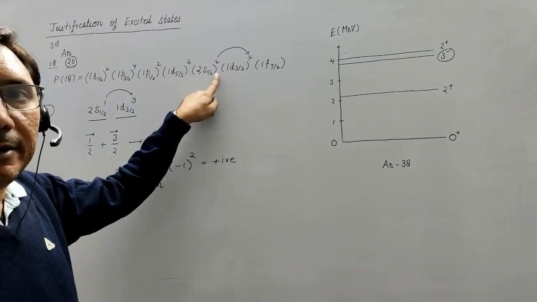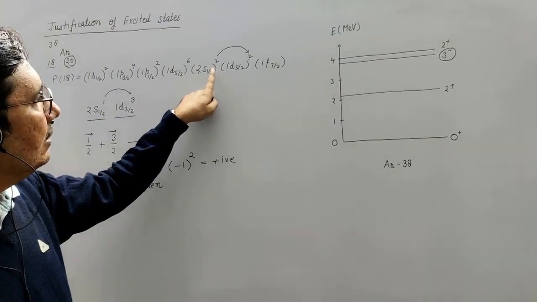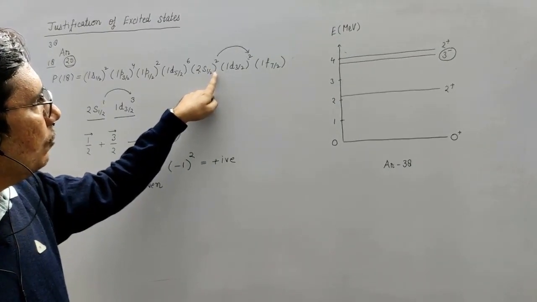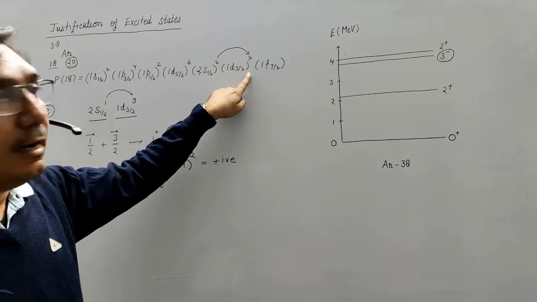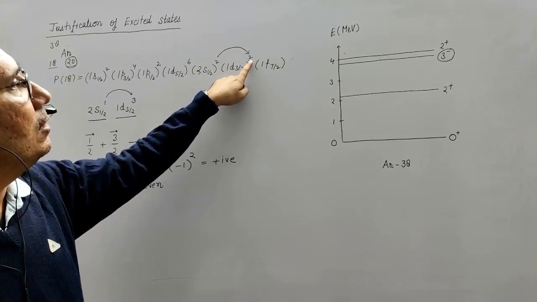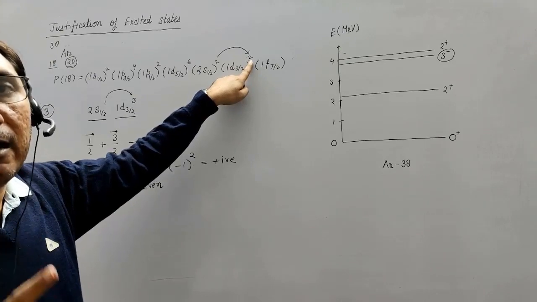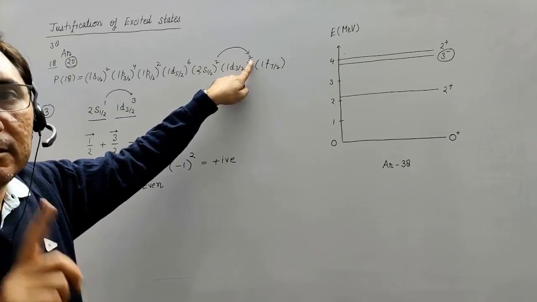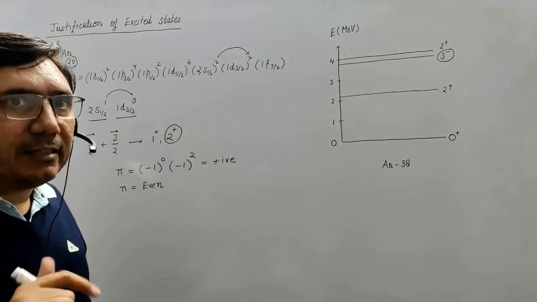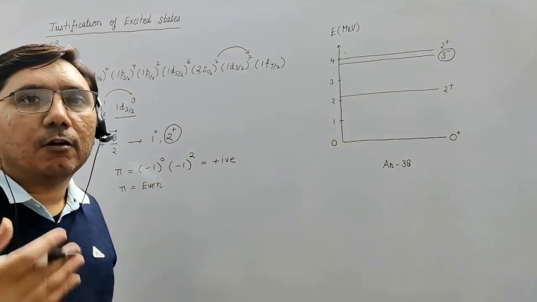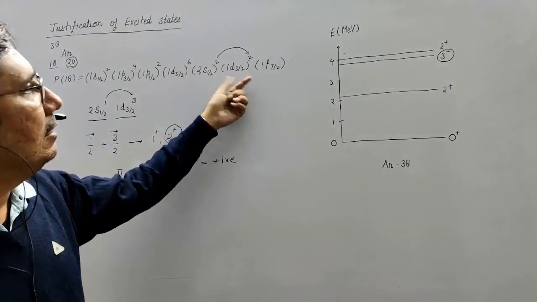First you need energy for breaking the pair, then you need energy for the shift of this proton from here to here. And again you need high energy because earlier all the protons were paired up and after the transition we will have one unpaired. Pairing is always favored, so you need higher energy.